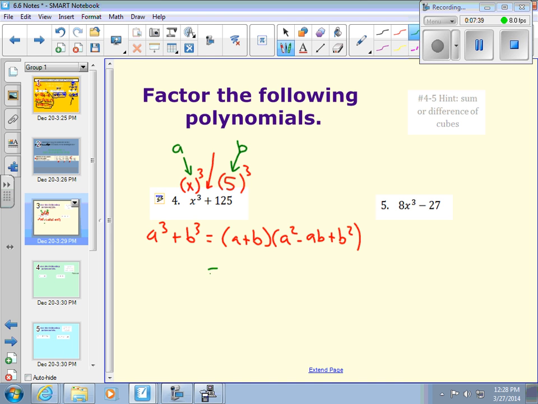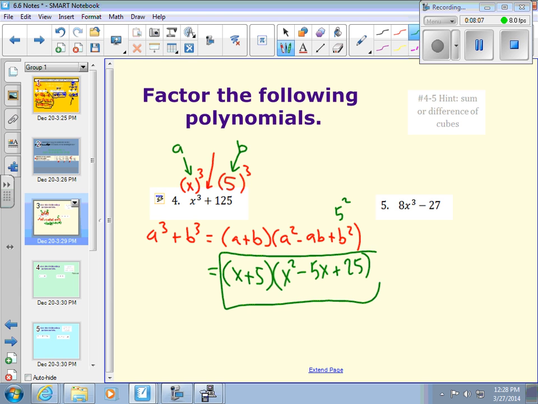So what this is going to end up being is x plus 5 is the first one. Now we got a squared. So a is x here. It'd be x squared minus a is x and b is 5. So this will be 5x plus b squared. Our b in this one's 5. So if we take 5 and square it, we get 25. And there's our answer.